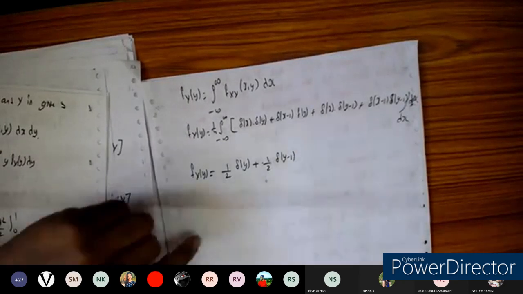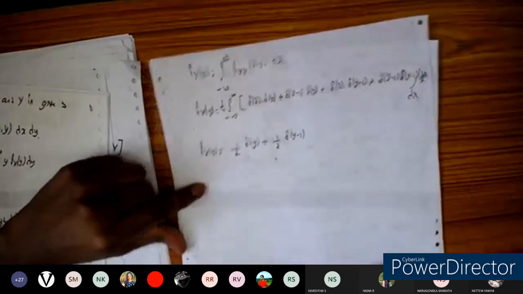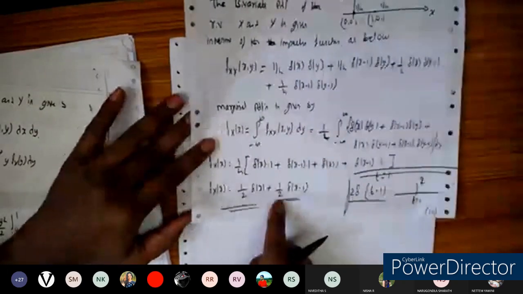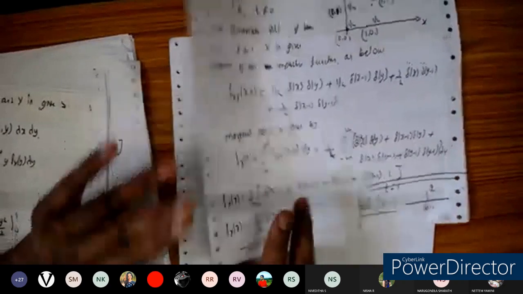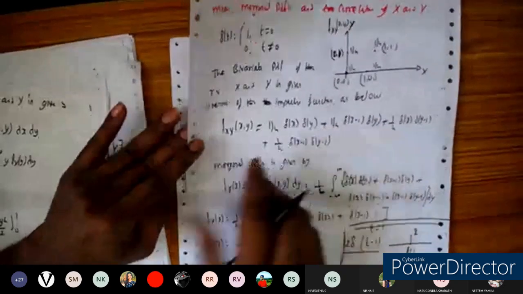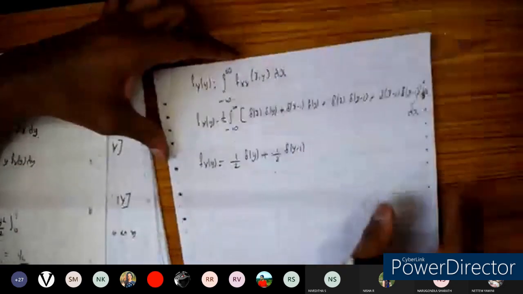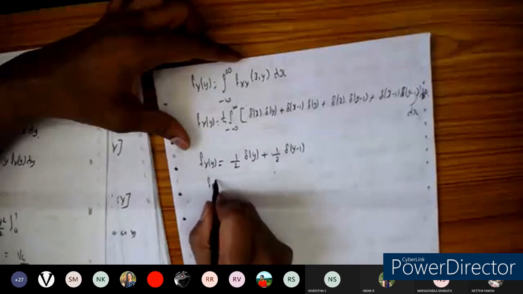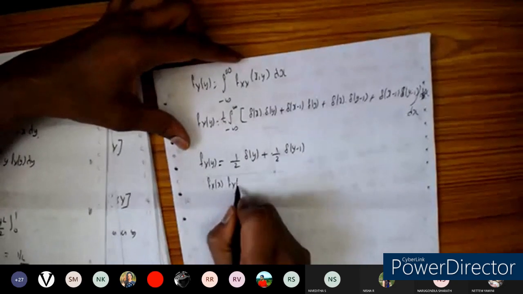Done. Now everyone got the fy of y and everyone got the fx of x here. Suppose we multiply fx of x with fy of y, then let us check whether we can obtain this one back. So we have fx of x into fy of y.